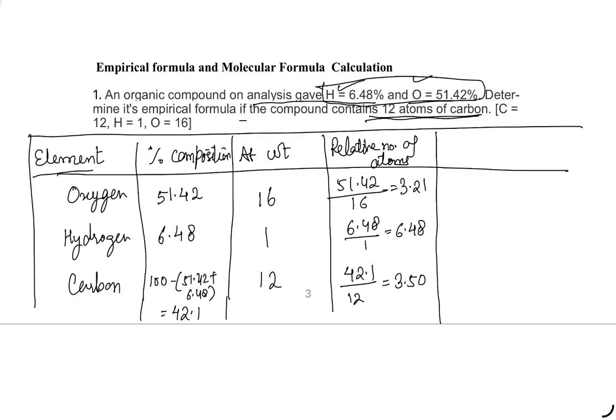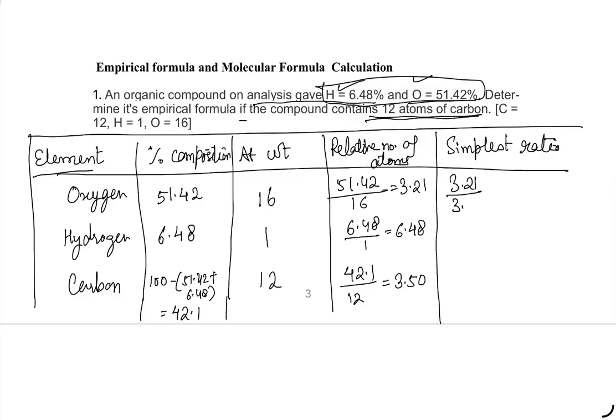Then next, once we get the mole ratio of all the atoms, we have to find the simplest ratio. Simplest ratio means we look for the least number of moles here. If I see here, oxygen is 3.21, which is the least number of moles, I will divide all relative numbers of atoms by that.